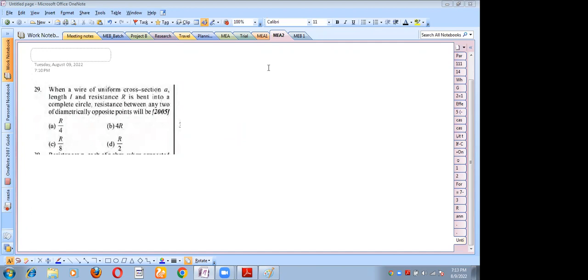Let us see. When a wire of uniform cross section of length L is bent into a complete circle, resistance between any two diametrically opposite points. So what the question says is, suppose we have a wire of length L and area of cross section A, and it is then bent into a complete circle, right?